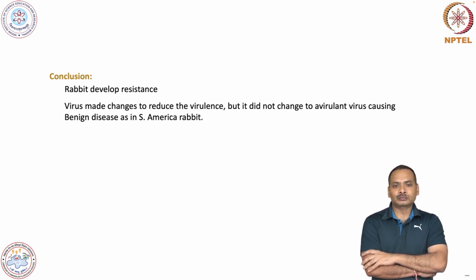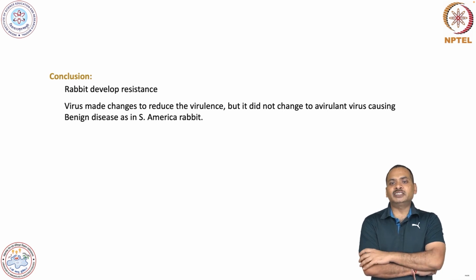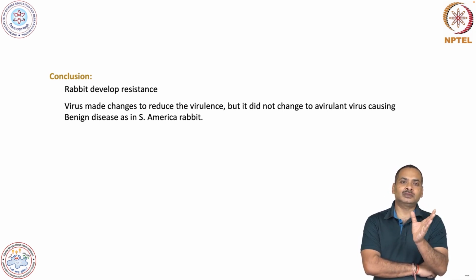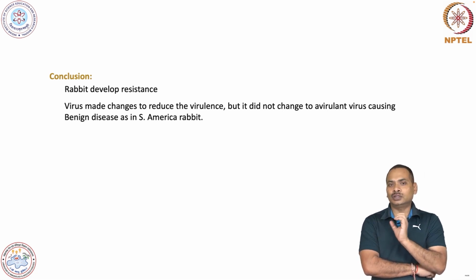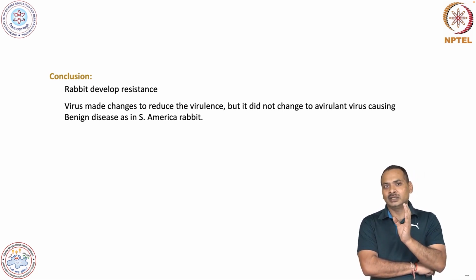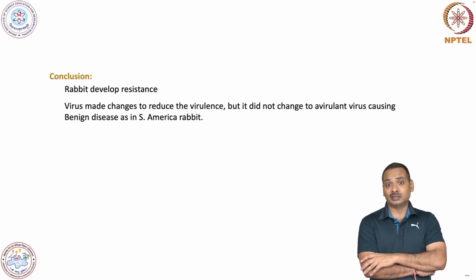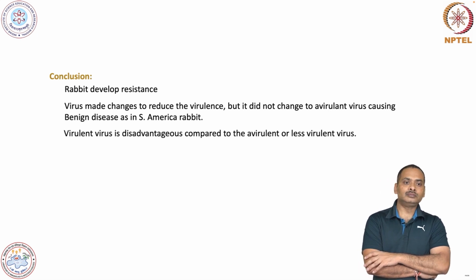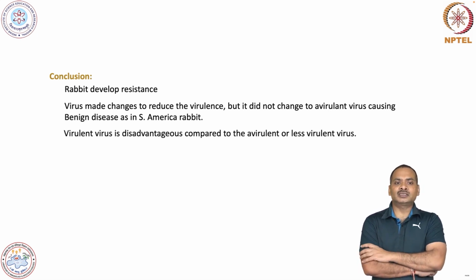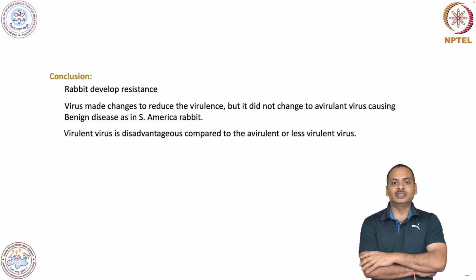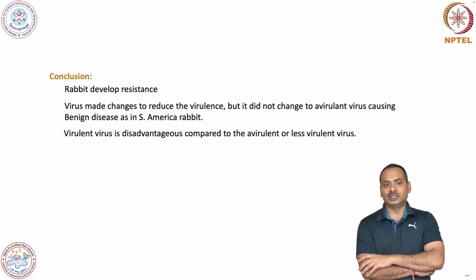Okay, but it did not change to an avirulent virus. Virulence was not zero, but they reduced the virulence, causing benign disease as in South American rabbits. Okay, a virulent virus is a disadvantage compared to an avirulent or less virulent virus.